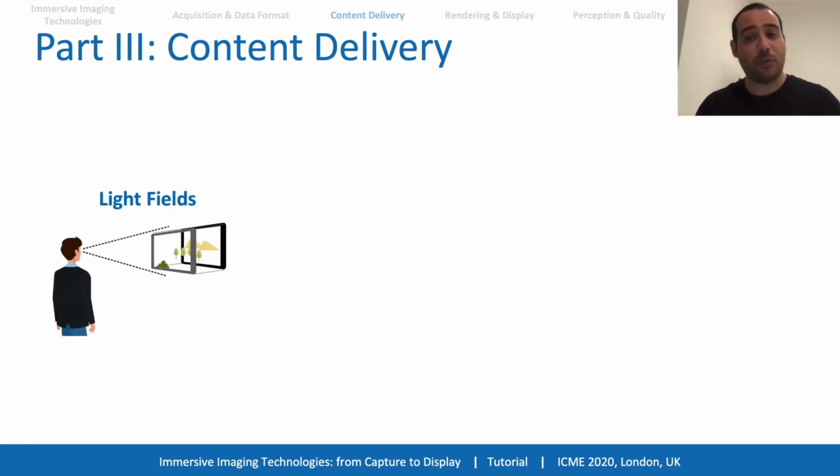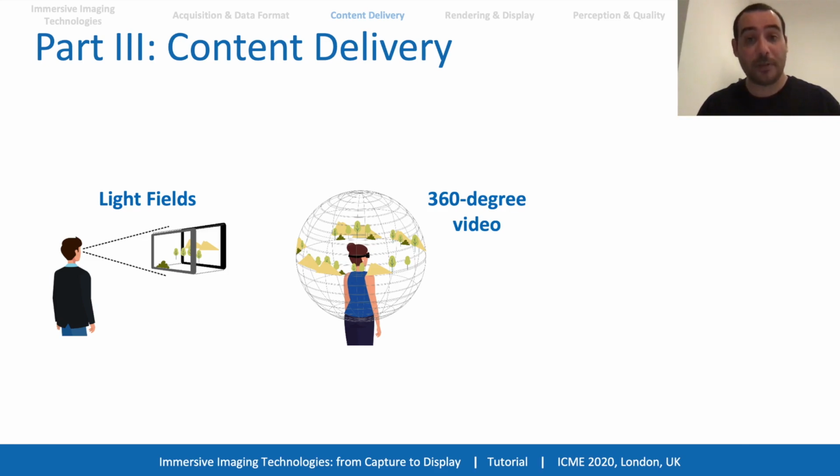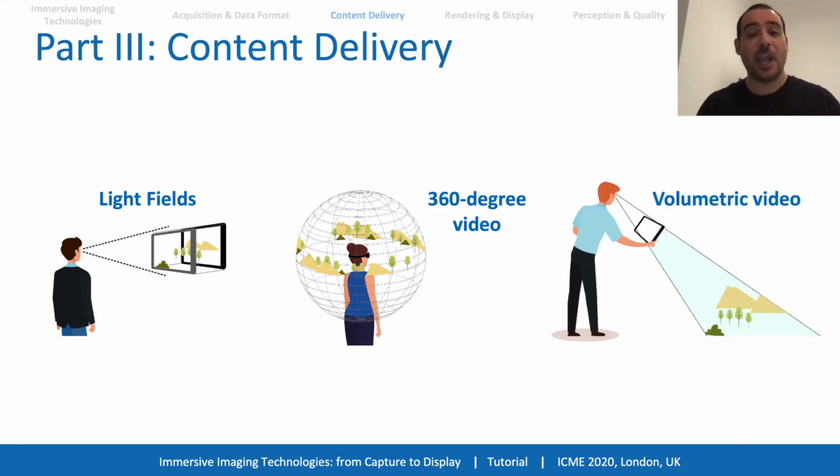This part of the tutorial has three main sections: light fields, 360-degree video, and volumetric video. In each section, we will discuss coding and streaming solutions. Let's start with light fields.